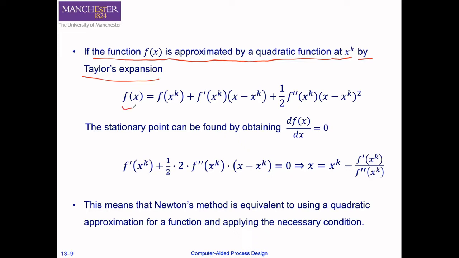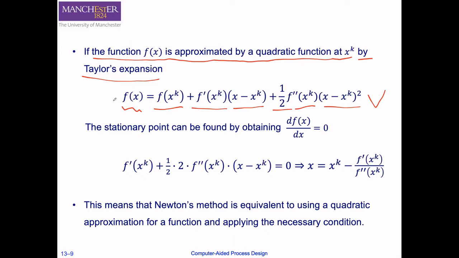That is, f(x) is equal to f(xk) plus the first derivative of f at xk times x minus xk plus 0.5 times the second derivative of f at xk times (x minus xk) squared. I think you have learned this Taylor's expansion from your previous mathematical courses.